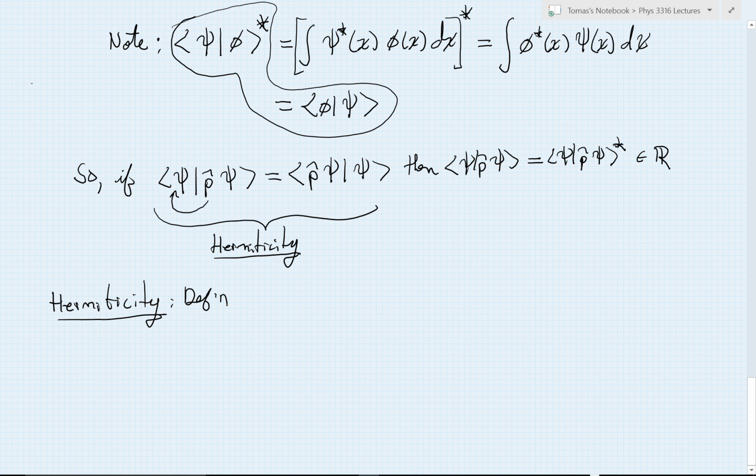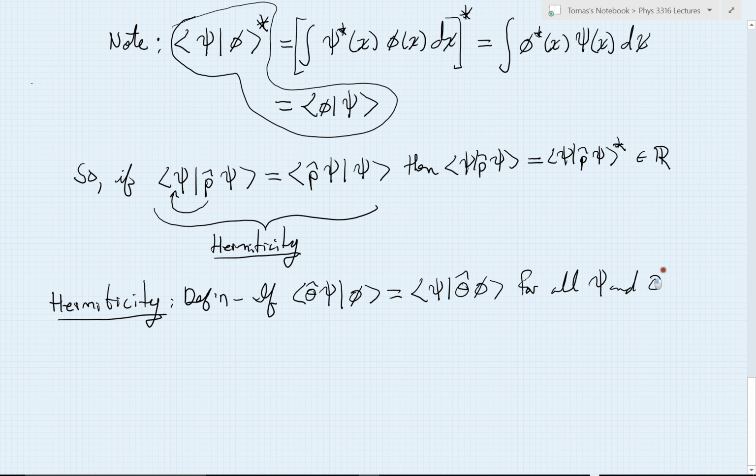And in this definition, what we are saying is if I have an operator on one side of an inner product, and I can ensure that the result is always the same, if I were to move that operator from one side of the inner product over to the other side of the inner product, then, if that's true for all possible functions, for all psi and phi, then we can say that the operator O hat is Hermitian.